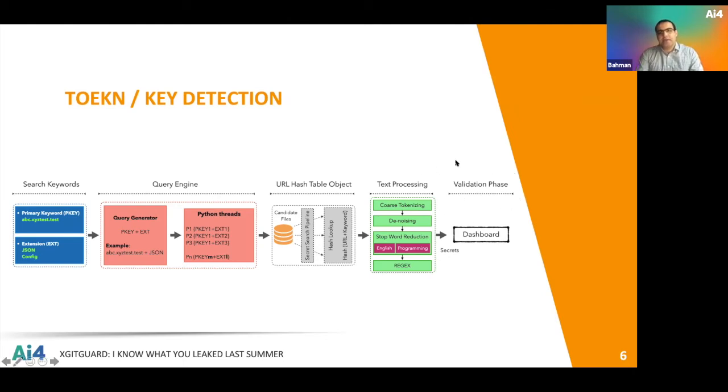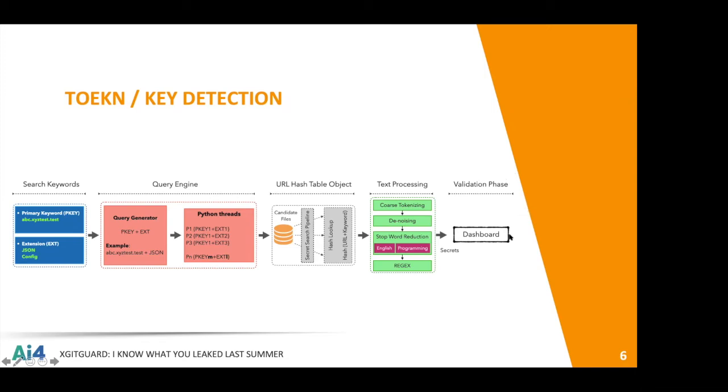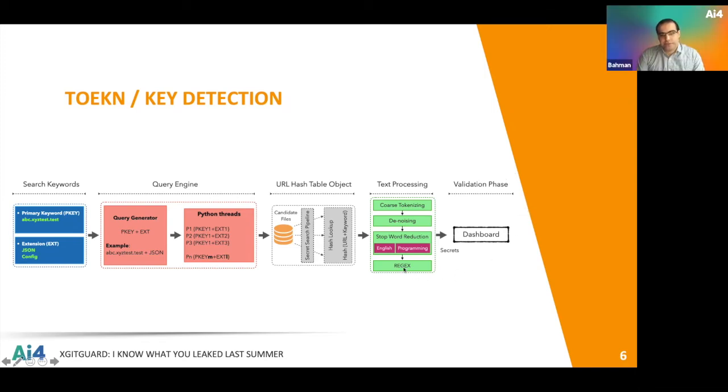And similarly, we have a validation phase where, again, we use a machine learning model trained by historical detections. And that will help us validate our detections. Even though we're using regexes, which are most probably more accurate, we still pass them through this validation model.